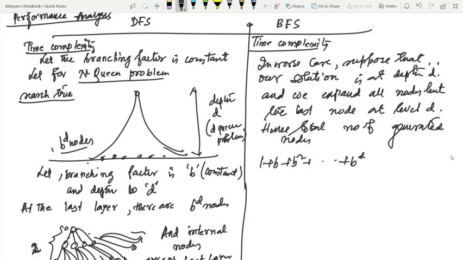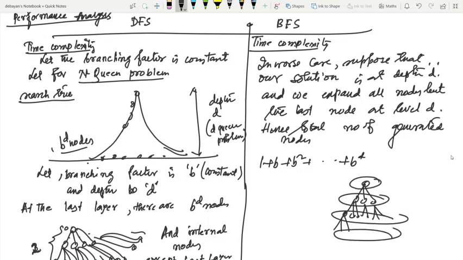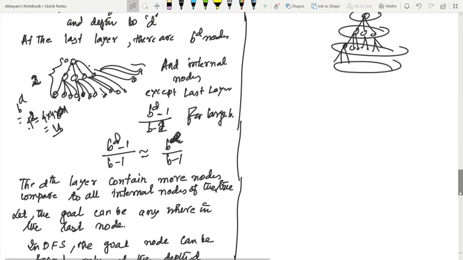In DFS you are just searching like that, but in BFS you are searching level by level, first this level, then this level, then this level. So the total number of nodes is near about b to the power d. If you slightly analyze the complexity of BFS and DFS, the time complexity of BFS divided by that of DFS is near about b plus 1 by b.